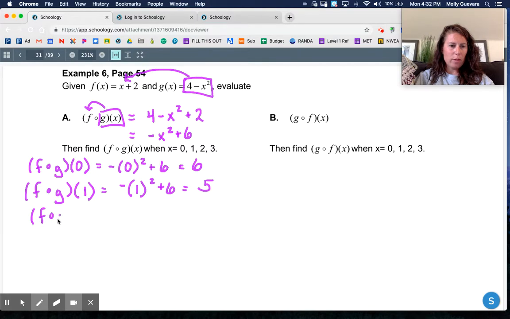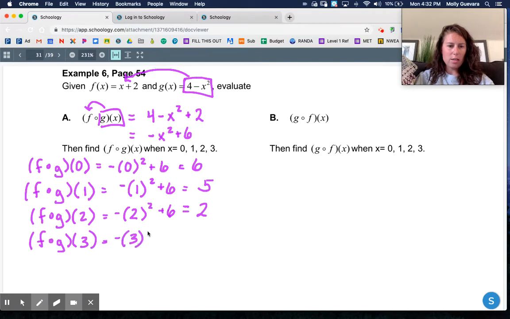F with g of 2, negative 2 squared plus 6, which gets me 2. And then f with g of 3 is negative 3 squared plus 6, which is negative 3. And that's it. That's all we're looking for here. So hopefully we're not feeling too overwhelmed.